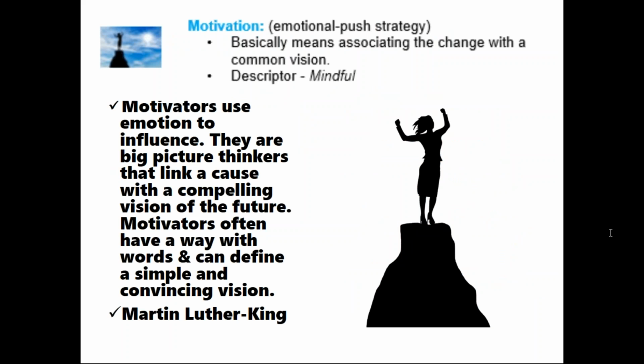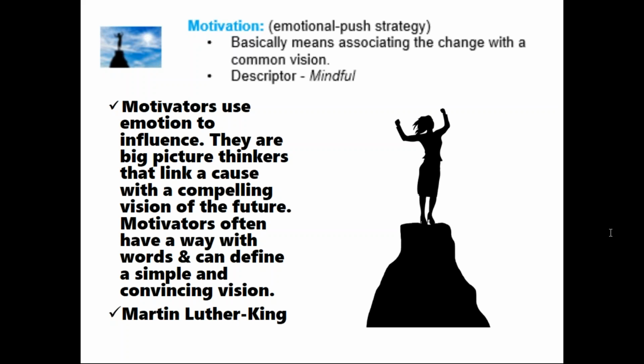So the third one, now the big difference between the next two, as you could probably work out, is that these are below the line. In other words, the next two, which are motivation and collaboration, are influencing strategies that require emotion rather than logic. So what do I mean by that?